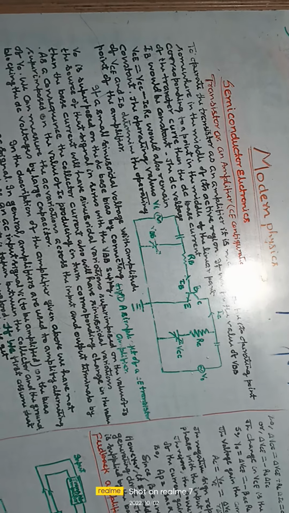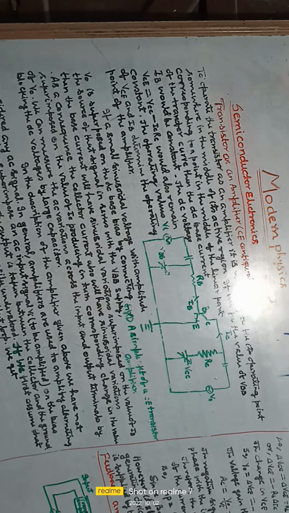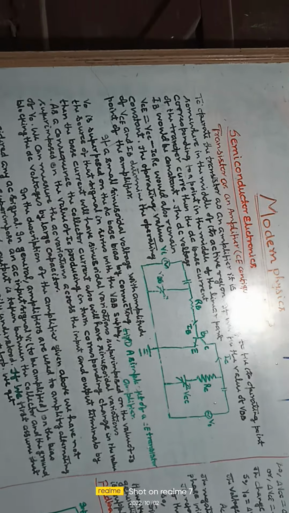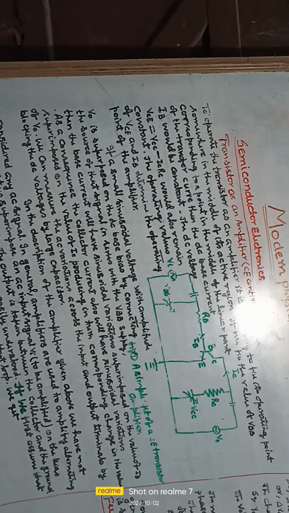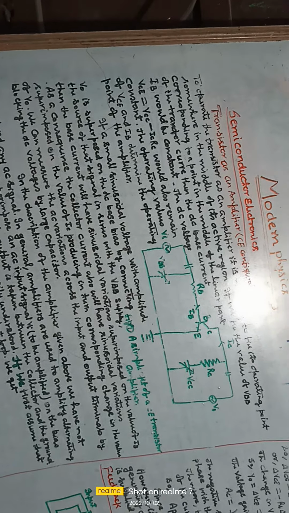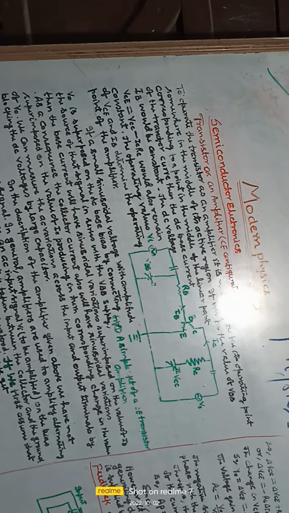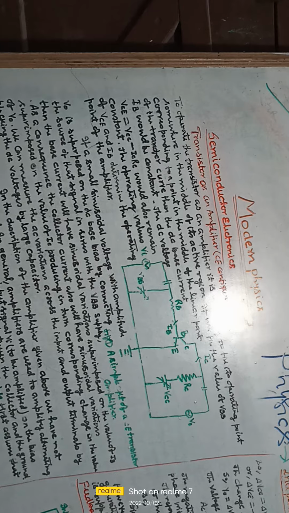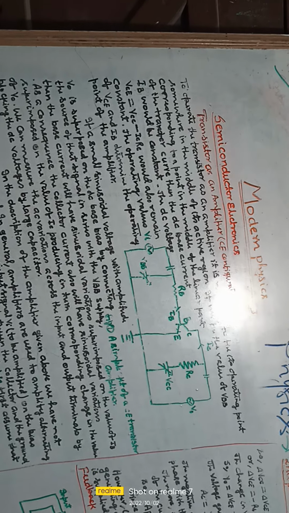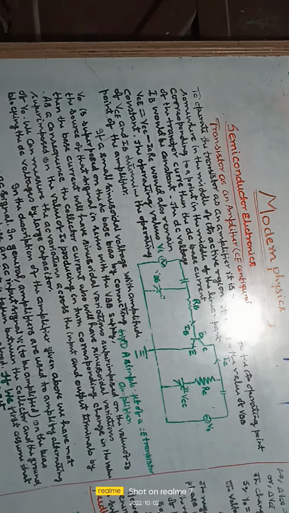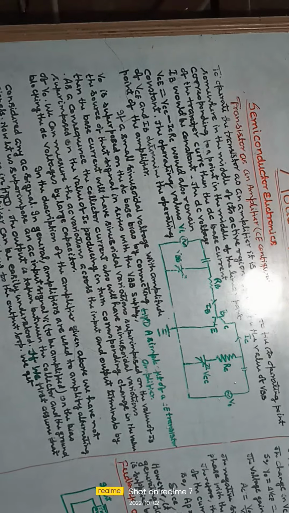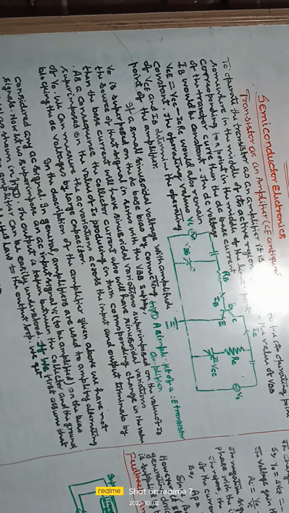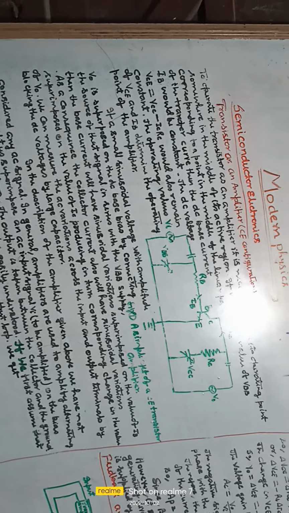If we fix the value of VBB corresponding to a point in the middle of the linear part of the transfer curve, then the DC base current IB would be constant. The DC voltage VCE, or VCC minus ICRC, would also remain constant. The operating values of VCE and IB determine the operating point of the amplifier as shown in the figure.